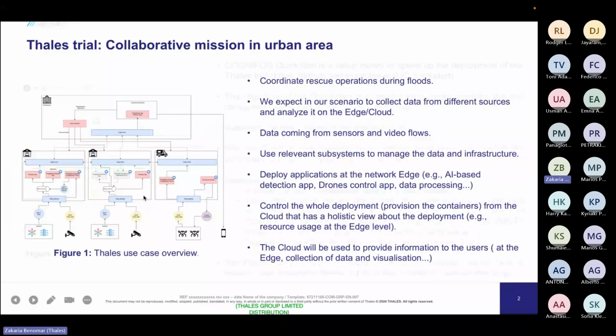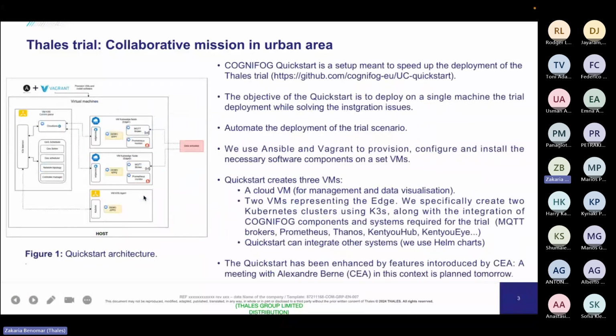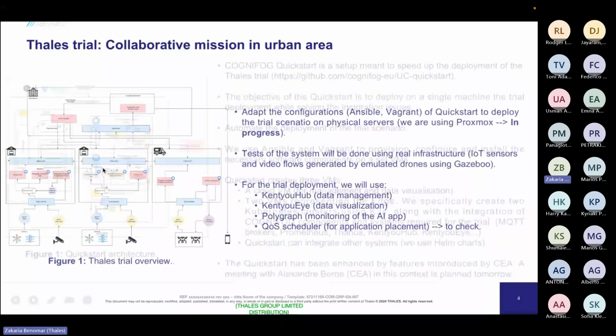But for other partners, if they would like to speed up the tests and the deployment, or if they have a similar scenario with data coming from the far edge, the edge, or the cloud, they can use Quick Start for the deployment, and it is relatively easy to extend because we are using Helm charts to deploy the applications. Back to the trial.